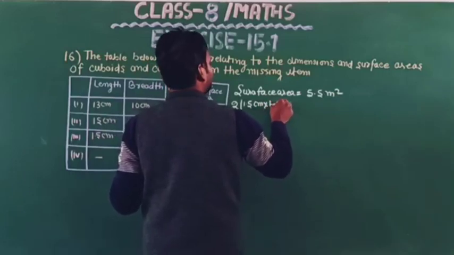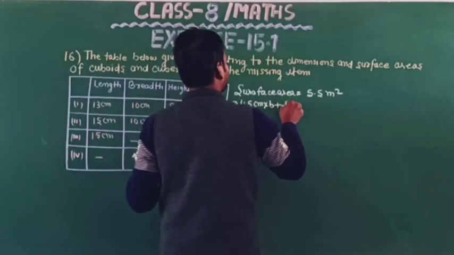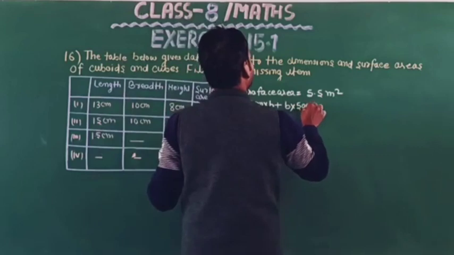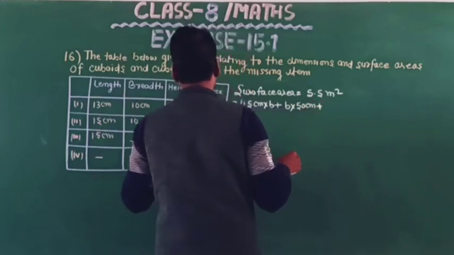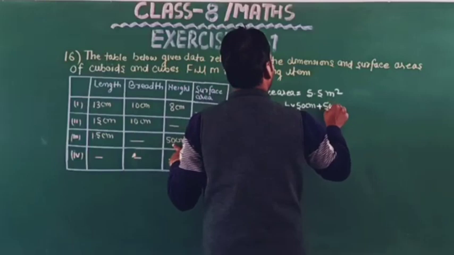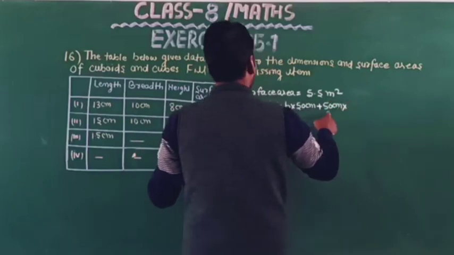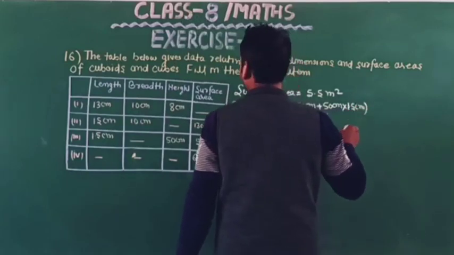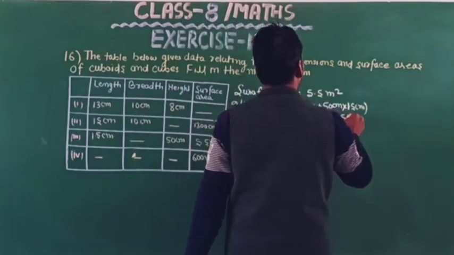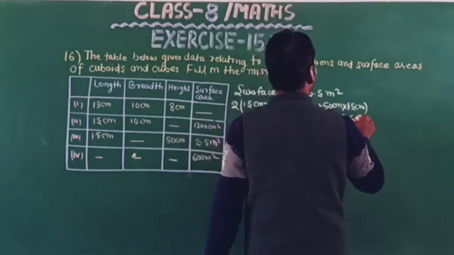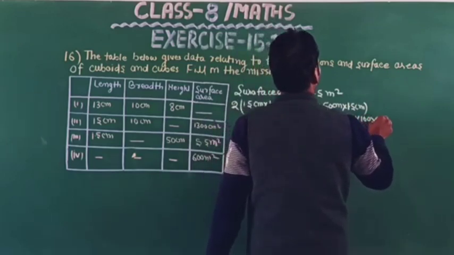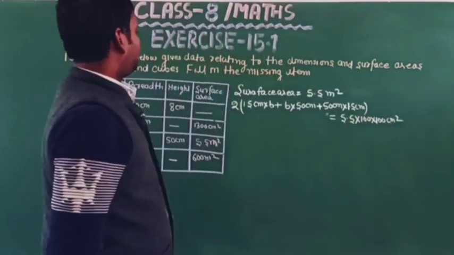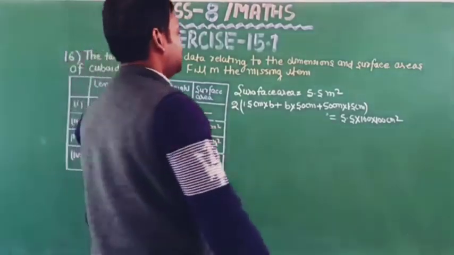Say this is B, plus B into H, that means 50 centimeter, plus breadth into height into length, that is 1.5 centimeter, equal to 5.5 multiplied by 100 into 100 centimeter square, since 5.5 meter square is changed into centimeter square.